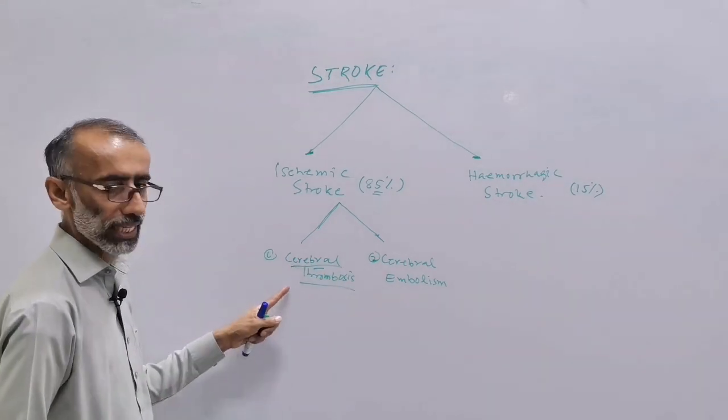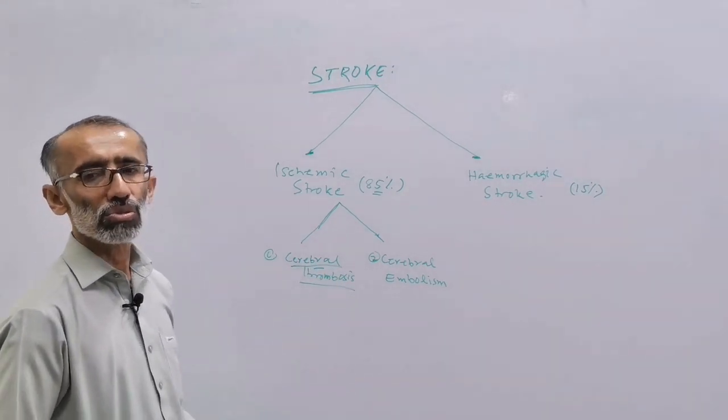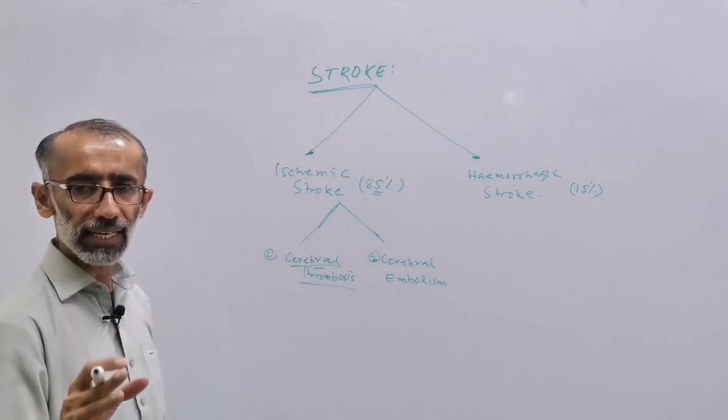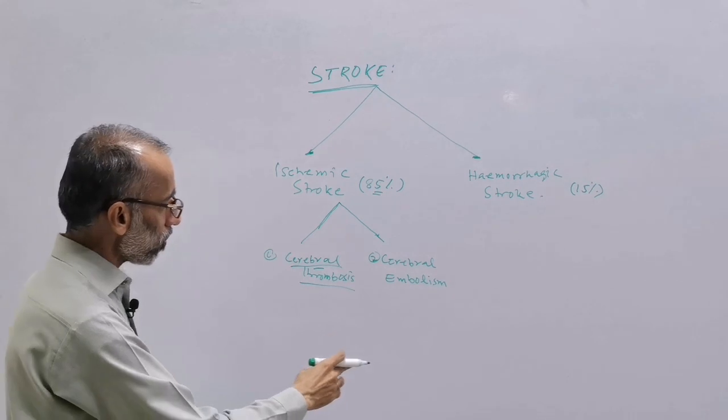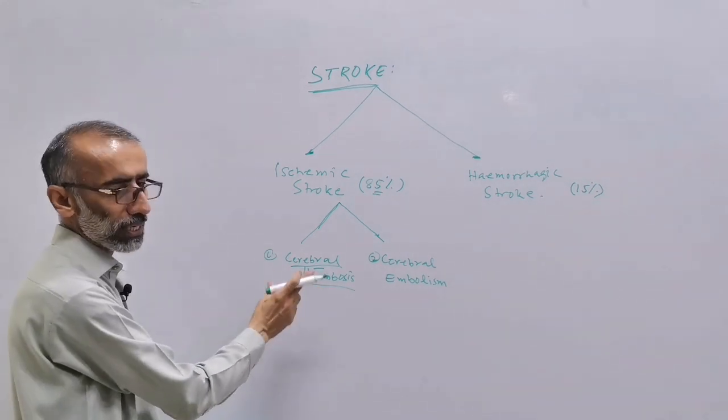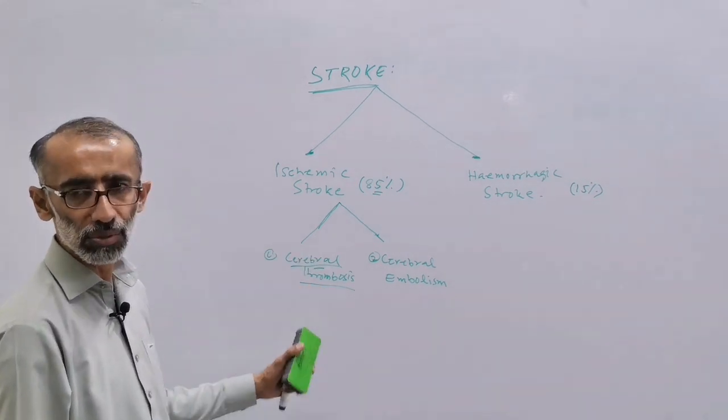Cerebral thrombosis is due to thrombus formation in the artery leading to the brain. The most common cause of cerebral thrombosis is atherosclerosis.